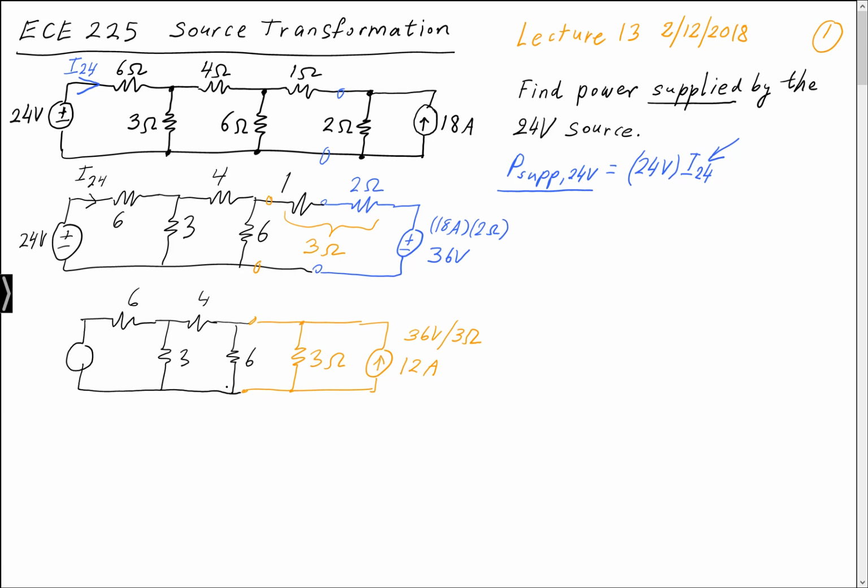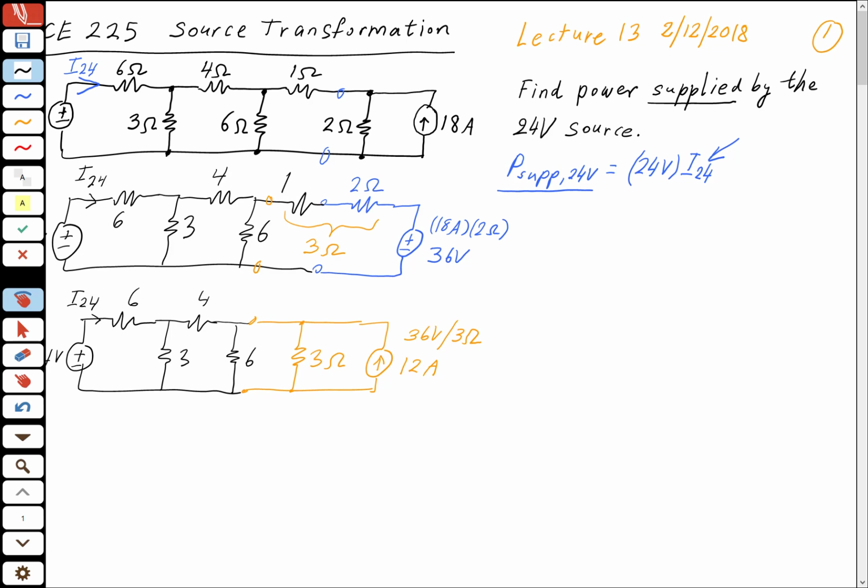Again, it's maybe a little bit tedious sometimes to redraw it, but nevertheless, that's a part of the analysis, so we do it. So that's what we have right now, okay? As you can see, the circuit is slowly getting simplified, bit by bit. Okay, so what do we have next?